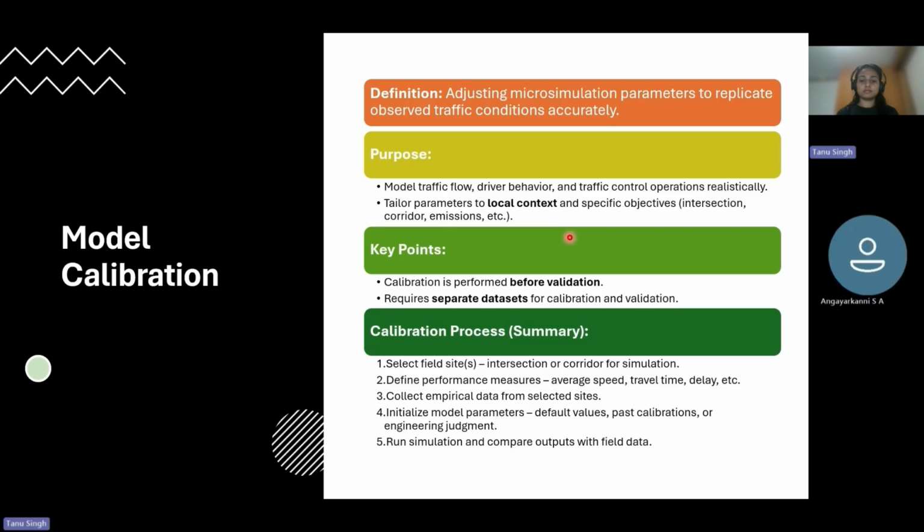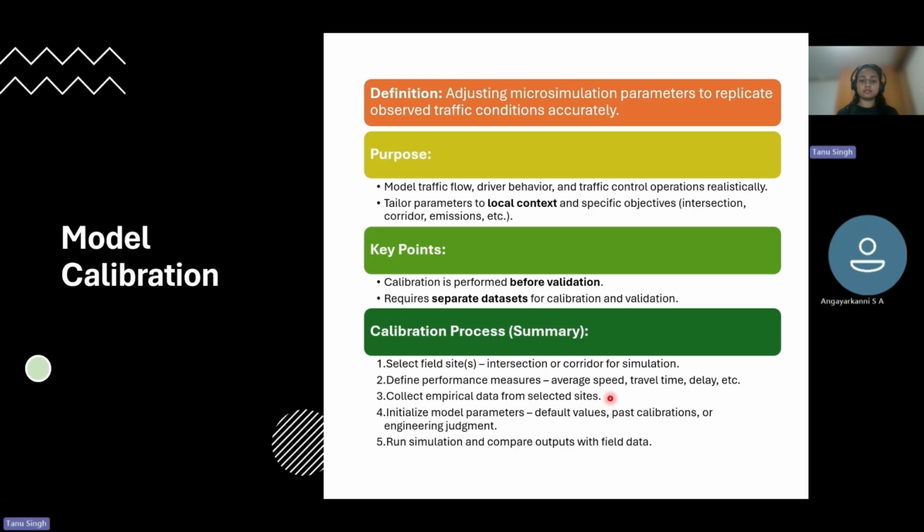The calibration is mainly done to adjust the microsimulation parameters that could replicate the traffic conditions more accurately. So the process involves selecting sites, whether we have to simulate the intersection or corridor, then defining performance measures, like average speed, travel time, or delay, then collecting empirical data from the sites where we will be calibrating the model.